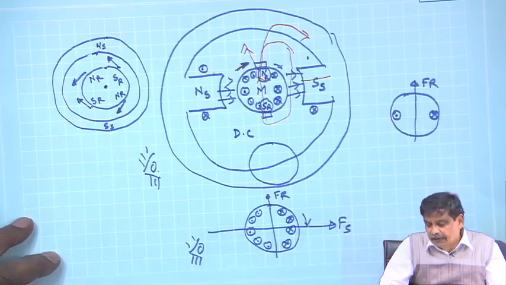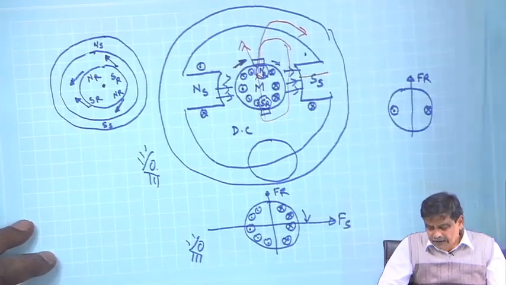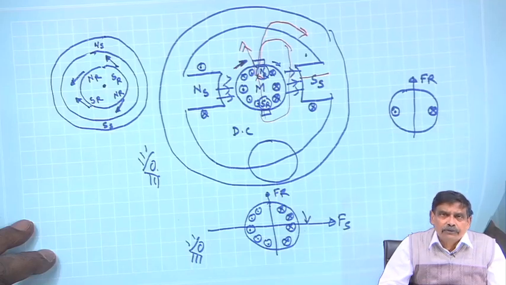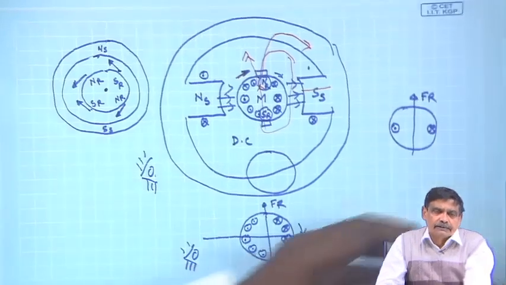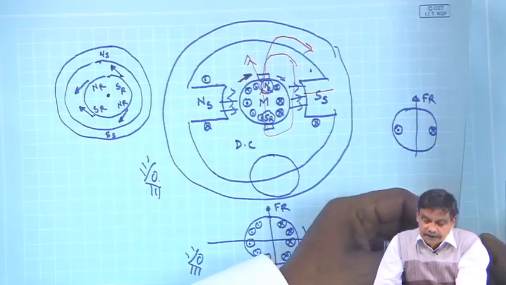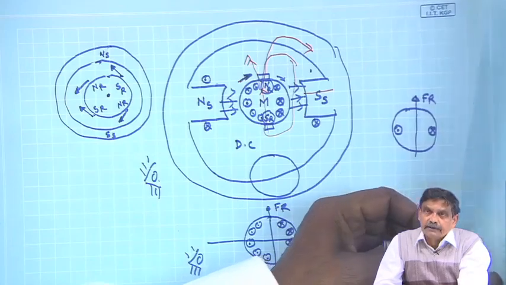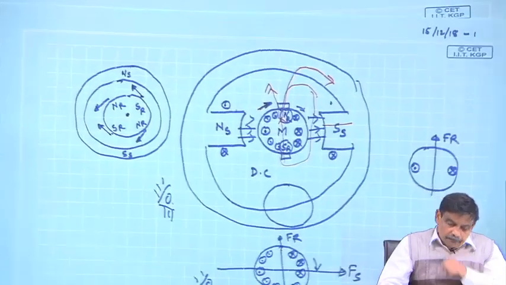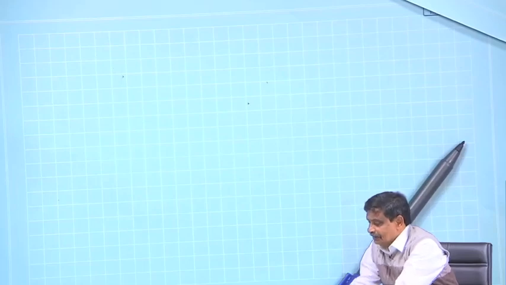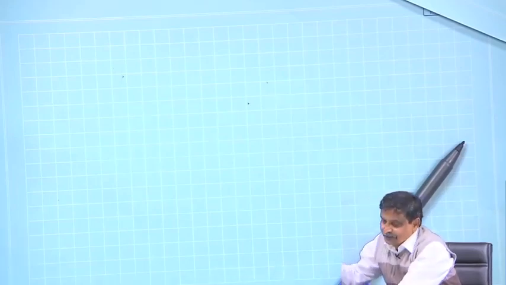That is how we will always think, that two sets of magnets are interacting and giving you torque.